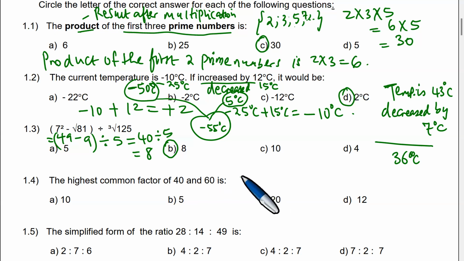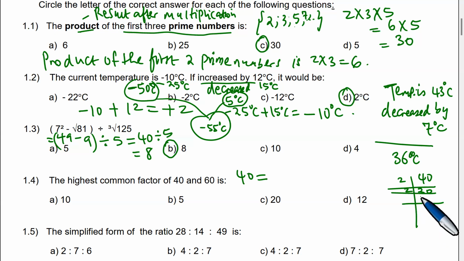So you need to take 40 and break it down into the prime factors. What are the prime factors of 40? 40 divided by 2 is 20. 20 divided by 2 is 10. 10 divided by 2 is 5. 5 divided by 5 is 1.